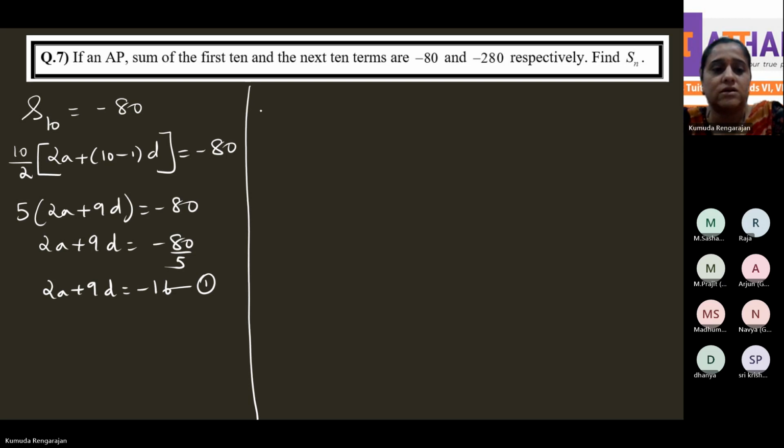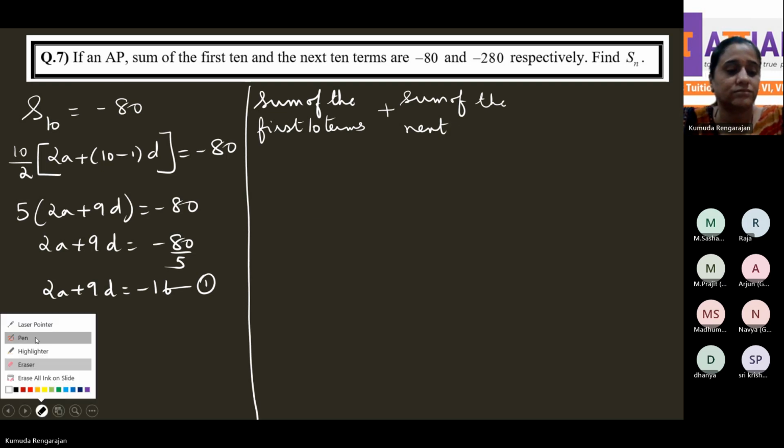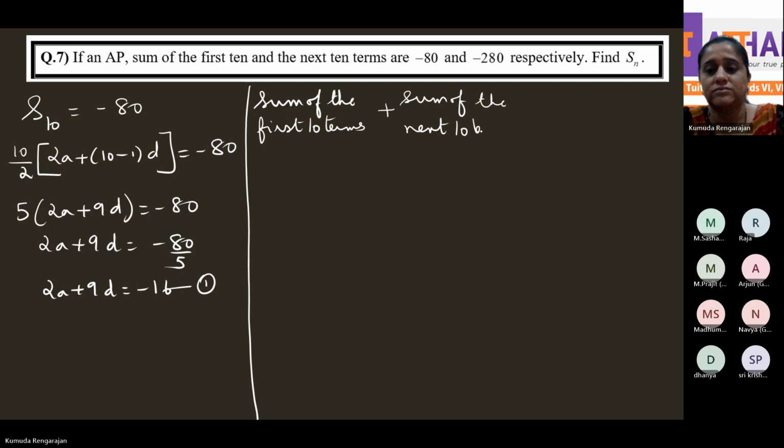Next, the sum of the first 10 terms plus the sum of the next 10 terms is equal to the sum of the first 20 terms.